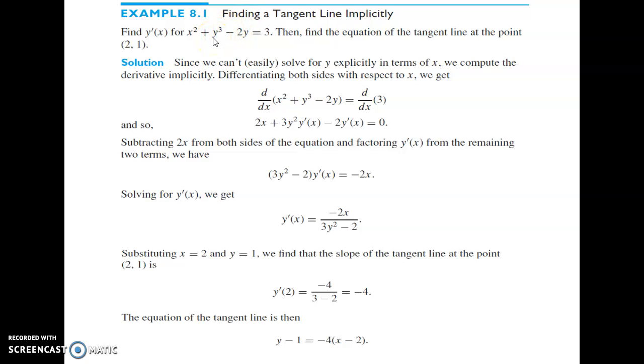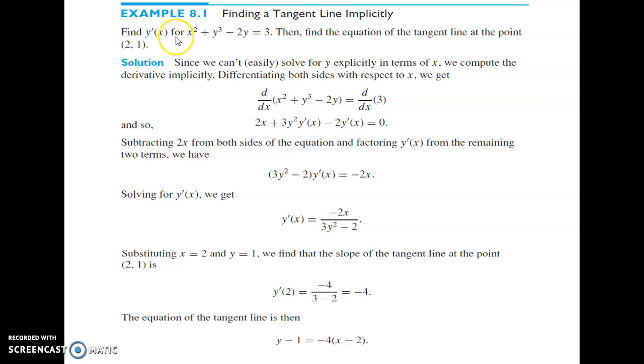Implicit function means x and y are on one side, or they are mixed, whereas explicit means y is always on the left and x is always on the right side. So what we are doing here is finding y prime of x for this implicit function, and then finding the equation of the line at this point.